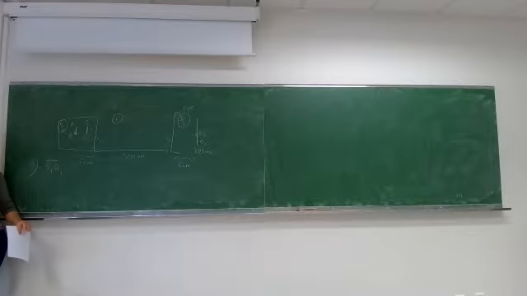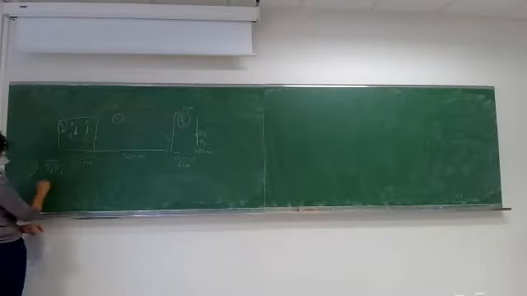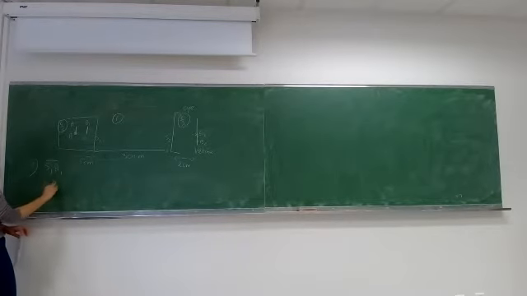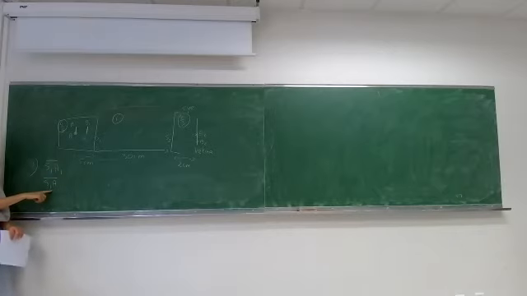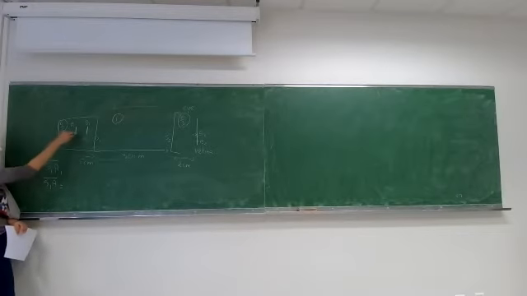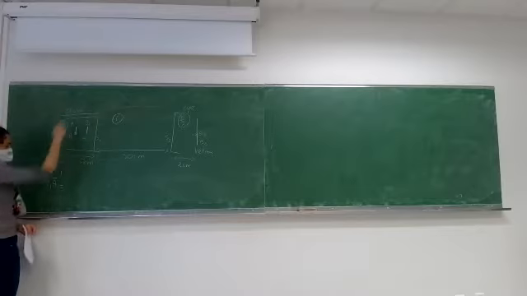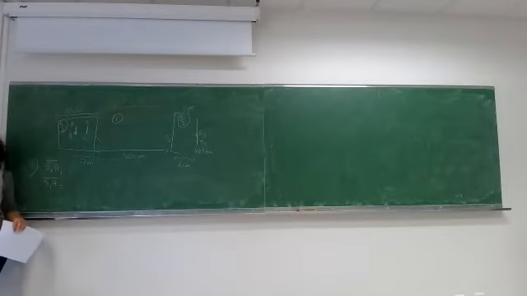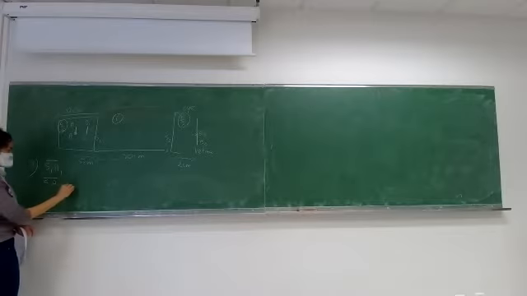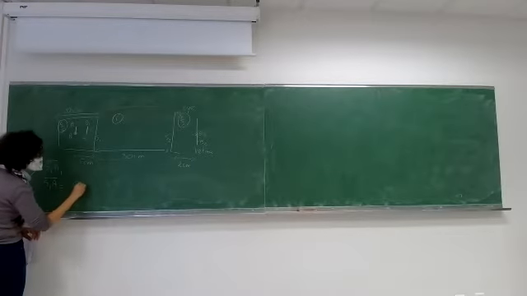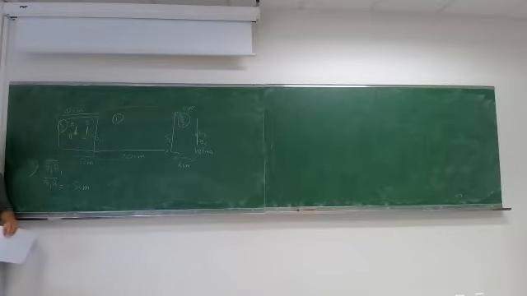What is this distance? It's given because the stick is at the center of the cube, 5 centimeters. Minus 5, because it's the bar. It's always the bar, always. Okay, minus 5.